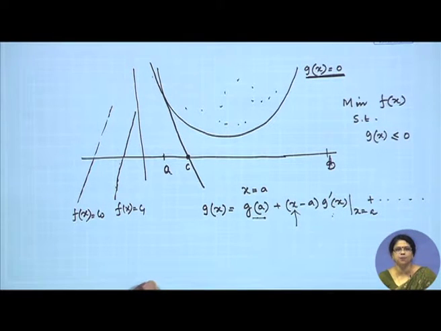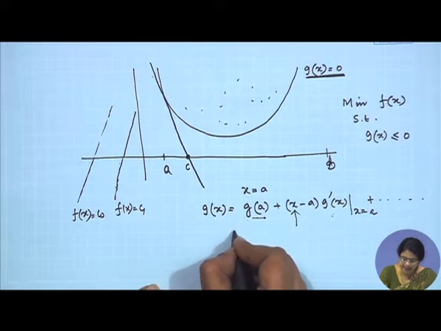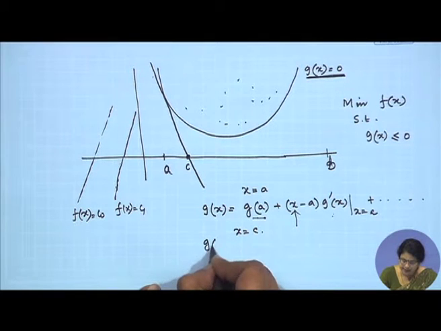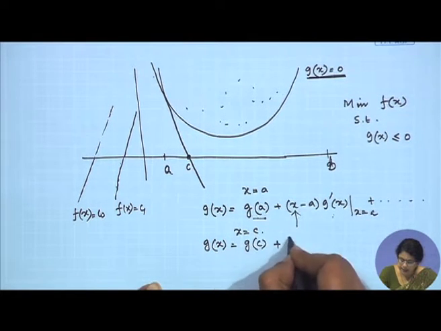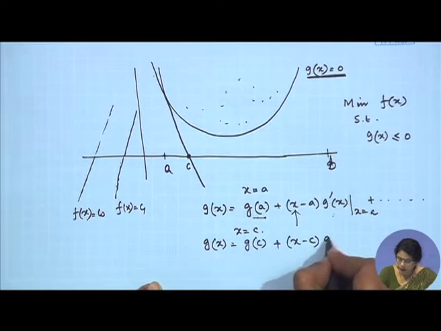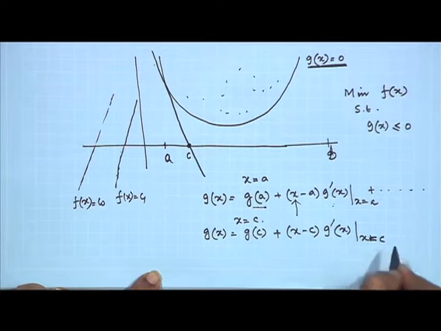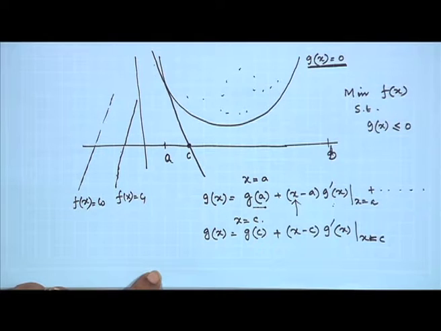Once we get this point at C, again at point C we will expand g(x). Then what we will get? g(x) is equal to g(c) plus (x minus c) g dot x at x equal to c, ignoring all other terms because we want to have the linear function.